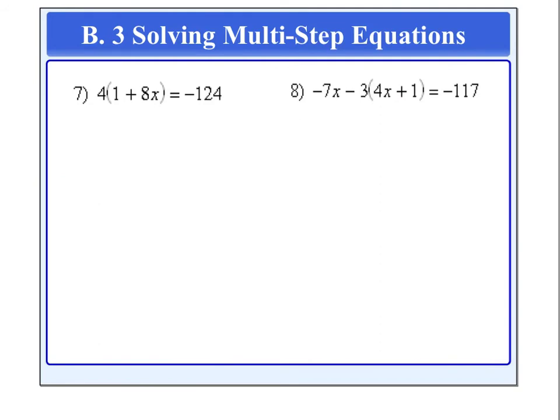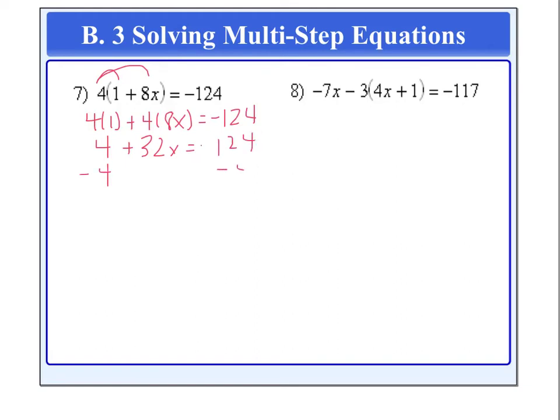We've got some distributing again. Here we've got to distribute. We would get 4 times 1 plus 4 times 8x equaling negative 124. 4 plus 32x equals negative 124. Subtract 4 from each side. 32x equals negative 128.